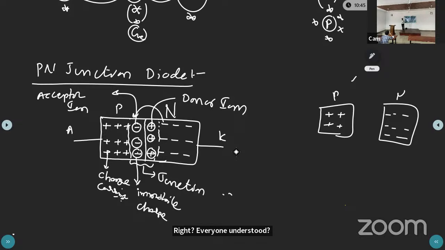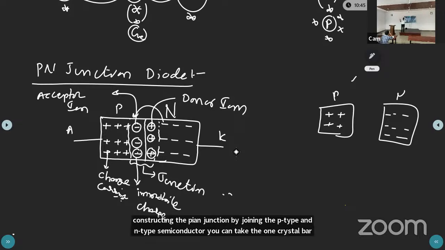The PN junction diode construction, and how the junction forms without applying any voltage. This is how we construct the PN junction by joining p-type and n-type semiconductor, or you can take one crystal bar, adding trivalent on one side and pentavalent on the other.